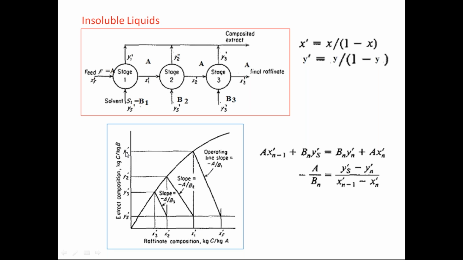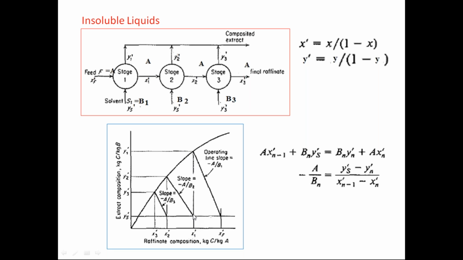Y1 prime is the composition of the C in the extract which is coming out from stage 1. And X1 prime is the concentration of the C which is coming out from stage 1 as a raffinate. So X1 prime and Y1 prime will be obtained.